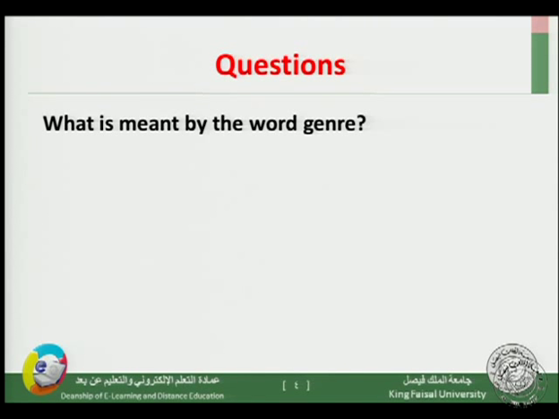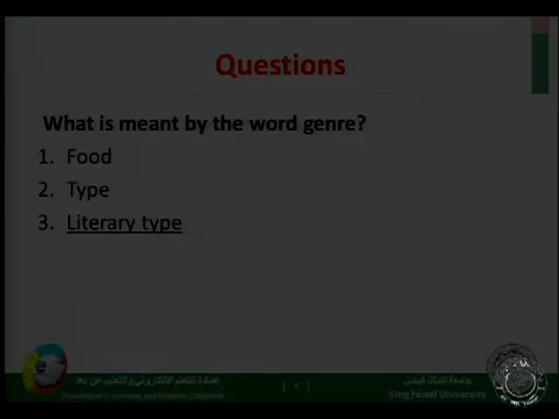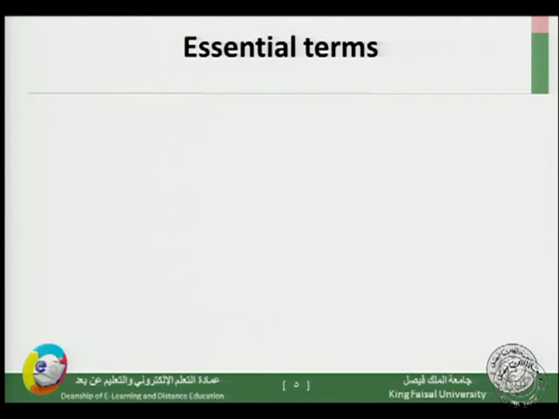Here, what is meant by genre? Does it mean food? Does it mean type? Just type? It's a type, but in itself, you cannot say it's a type. No, it's a literary type, a literary kind, a literary form. That's right. That's the right answer.